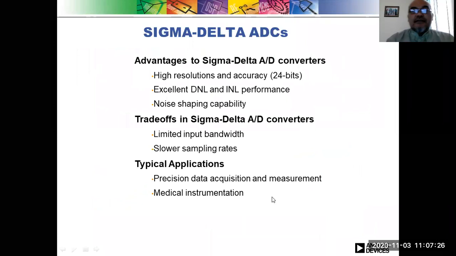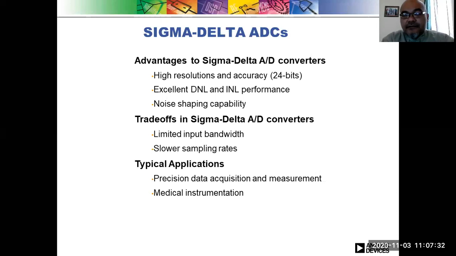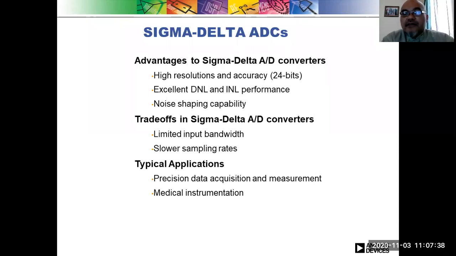The advantages of sigma delta compared to the other architectures is that it can have high resolution and accuracy, up to 24 bits. Previous algorithms usually we mention 14 bits, 12 bits, or less, even 8 bits. But with sigma delta, accuracy and resolution can be improved up to 24 bits.